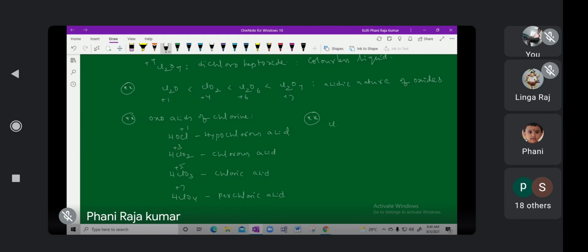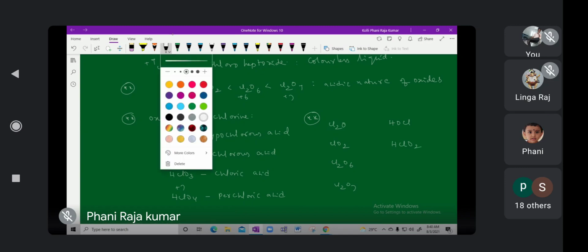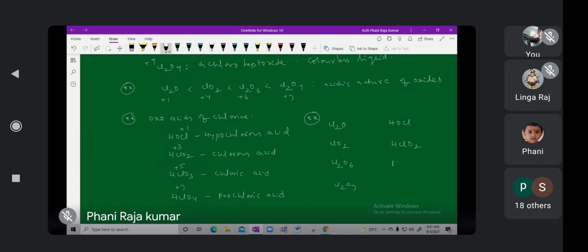Next point. So Cl2O, ClO2, Cl2O6, Cl2O7. Corresponding oxoacids: HOCl, HClO2, HClO3, HClO4. Plus 1, plus 1.